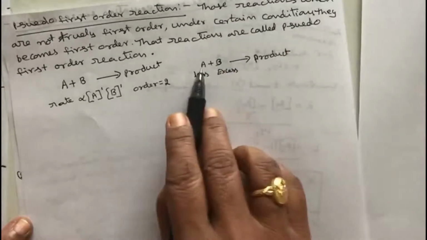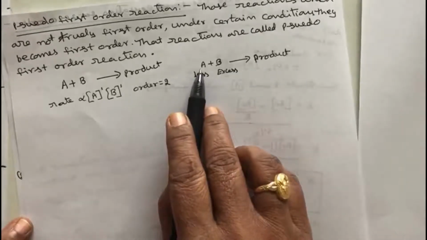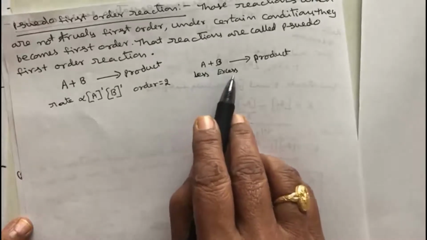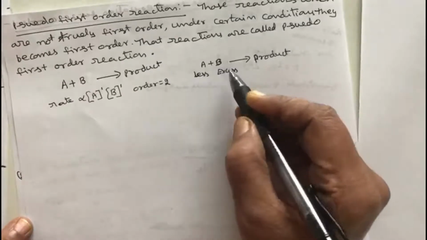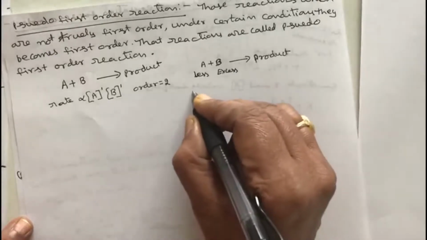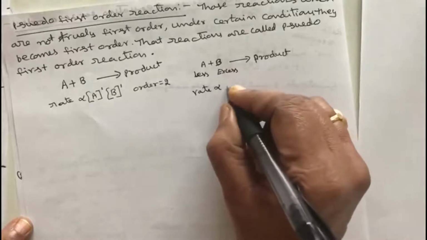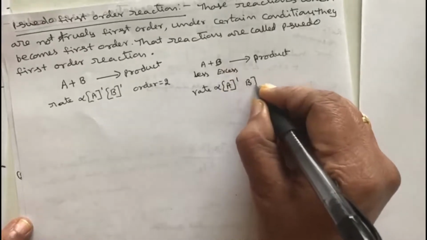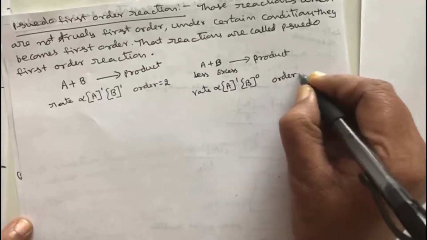In this equation, A plus B gives product, A reactant is present in less quantity, B reactant is present in excess. So B cannot alter the rate of reaction. Its order becomes 0. Now I write rate. For this equation, rate is proportional to A concentration power 1, B power 0. So the order is 1.